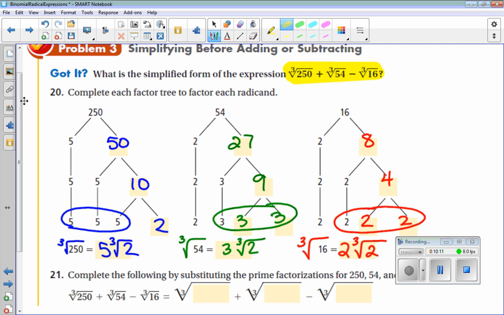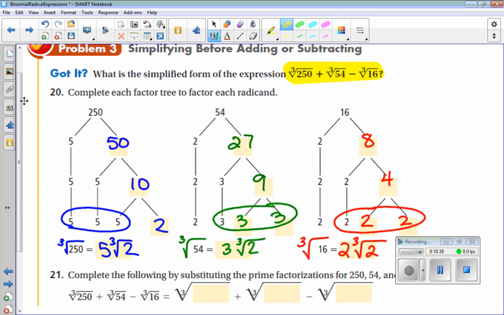Okay, so go to math and then option 4. So the cube root of 250, you have to arrow to the right to get out of the radical, plus math again, cube root of 54, arrow to the right to get out of the radical, minus the cube root of 16. And you're going to get some kind of crazy number.